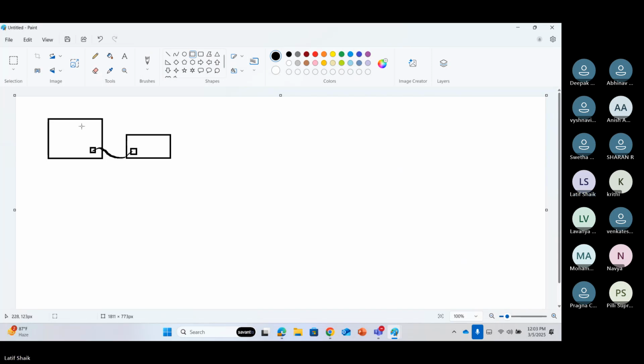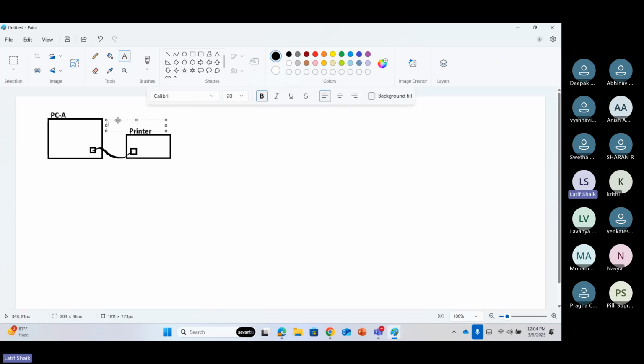Now we are connected and I power on my PC. My PC is connected to the printer. I connected the printer to my PC directly.